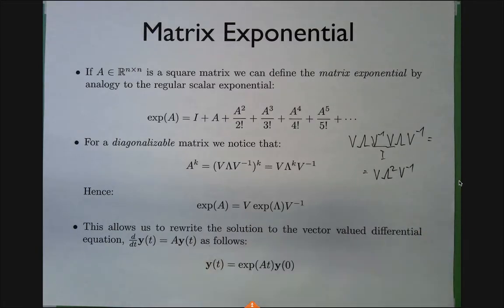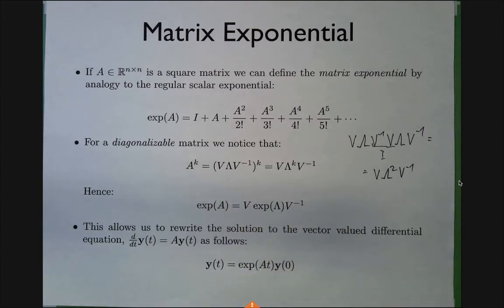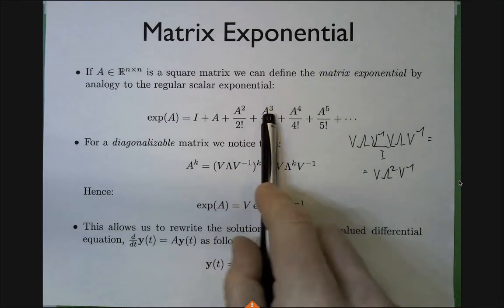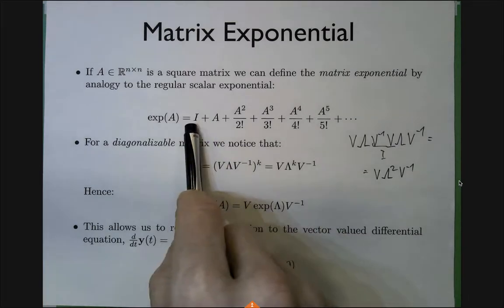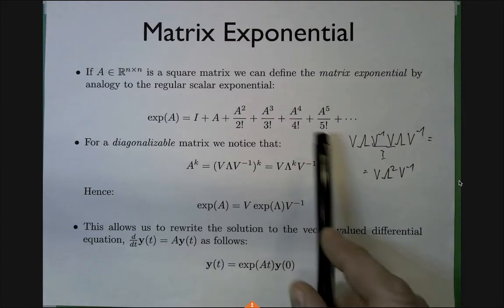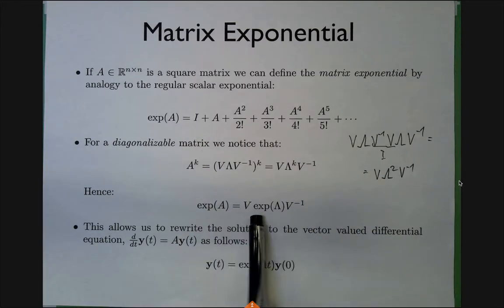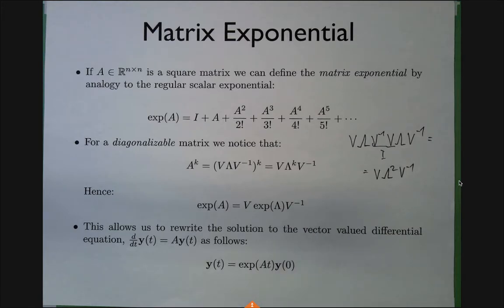If I keep doing that, all I'm going to keep doing is taking powers of lambda inside. So all the powers of A have just this form, including the identity, which you can also write as V V inverse. Which means that the entire exponential you can write like this, as V times the exponential of the matrix of eigenvalues times V inverse.